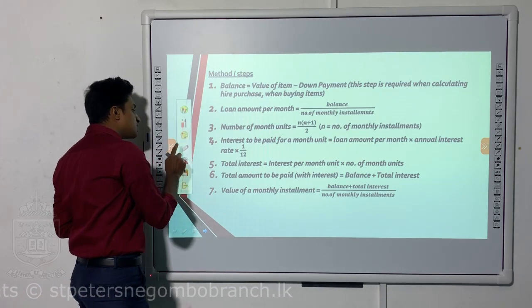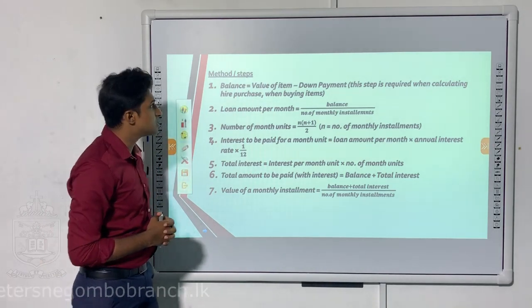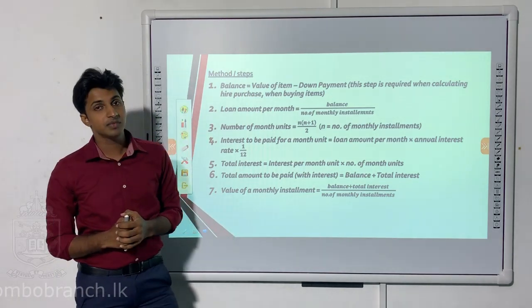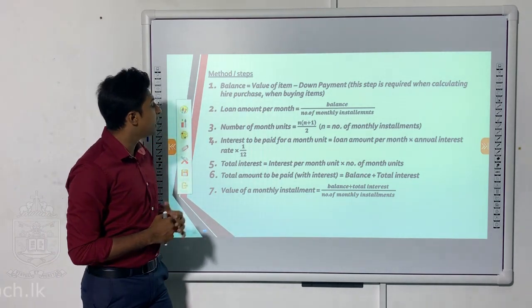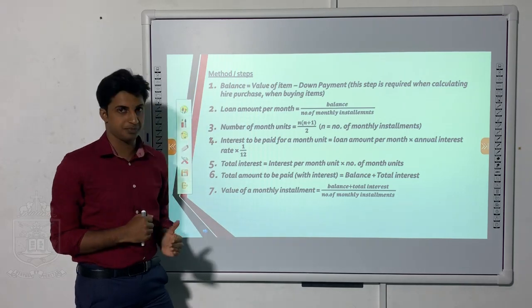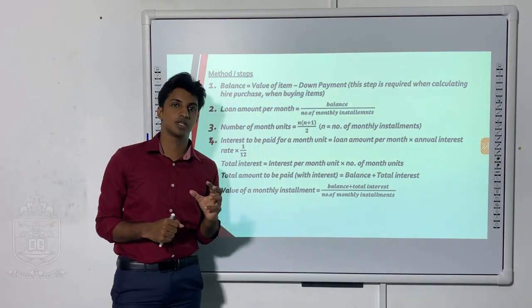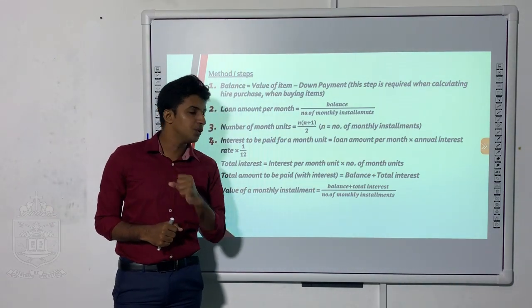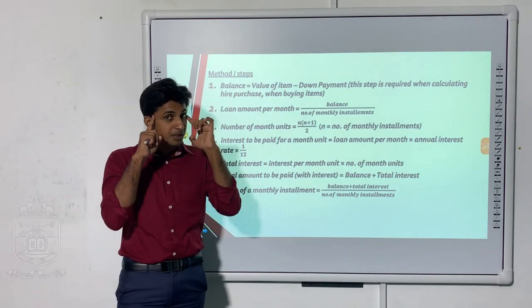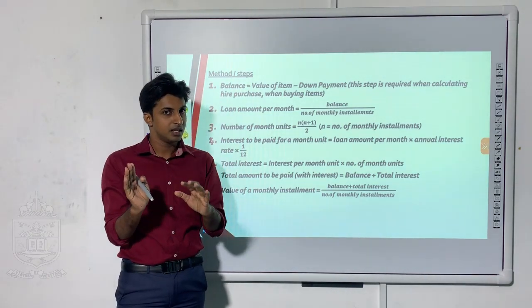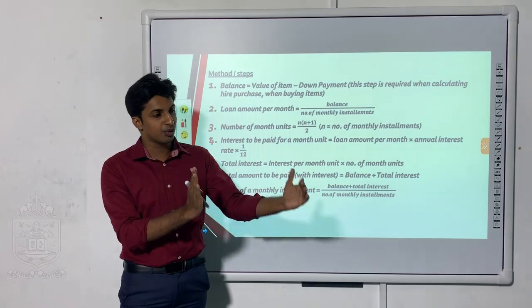In terms of answering the questions, it is very easy. The reason is we have 7 steps. When you put the question into these 7 steps, you can get any answer. The concept is now clear, right? You have 2 separate parts, that is borrowed amounts.